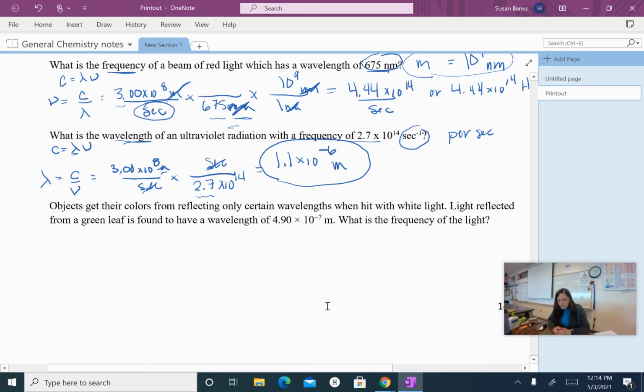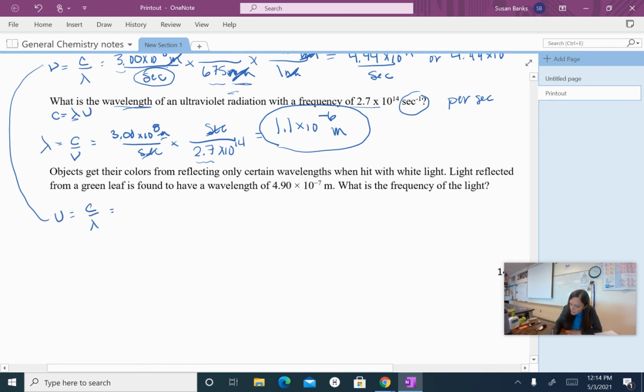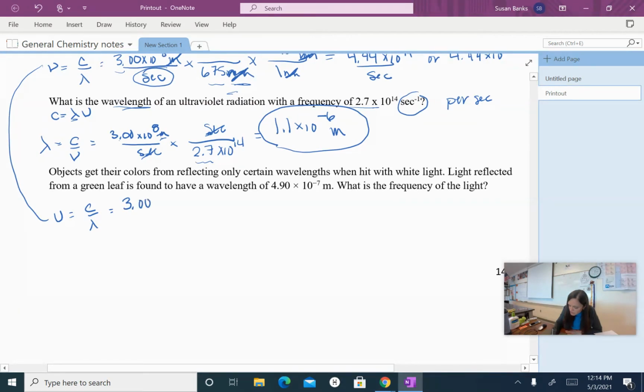The light reflected from a green leaf is found to have a wavelength of 4.9 times 10 to the negative 7 meters. What is the frequency of the light? So, once again, we're going to use this equation where frequency is equal to the speed of light divided by wavelength. So we have our speed of light as 3.00 times 10 to the 8th meters per second.